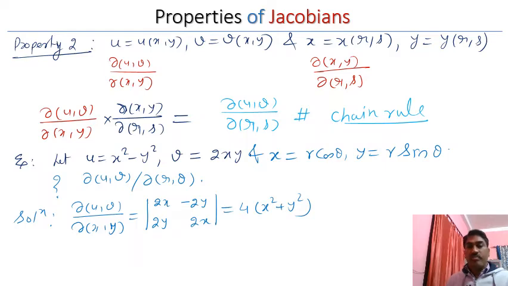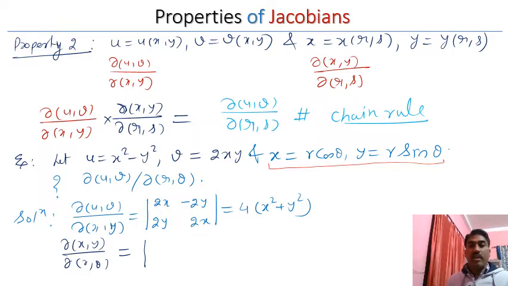And now again apply the thumb rule to the second pair, x is equal to r cos theta, y is equal to r sin theta. So the Jacobian of xy with respect to r theta. I have already evaluated this Jacobian during the introduction to Jacobians, so again I am performing the short calculation.